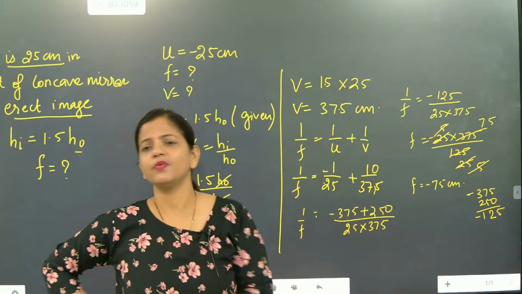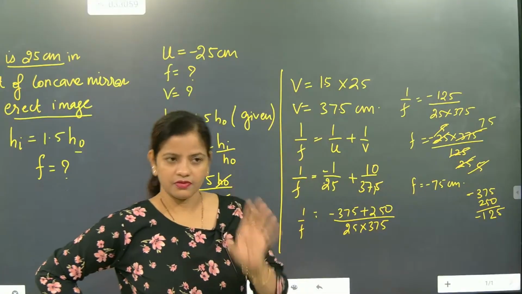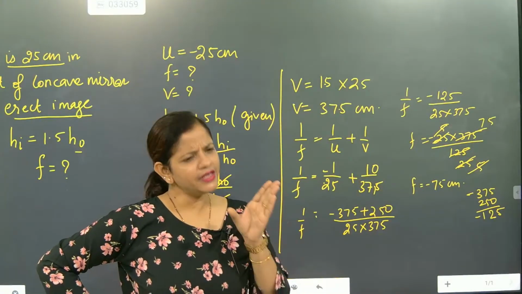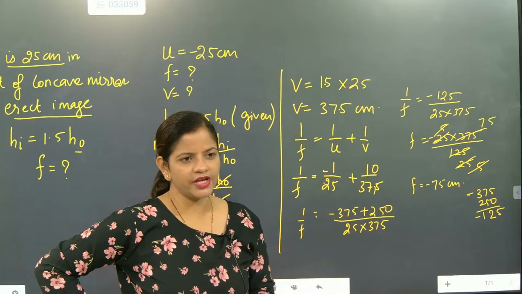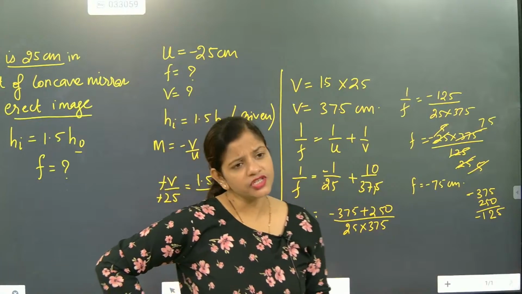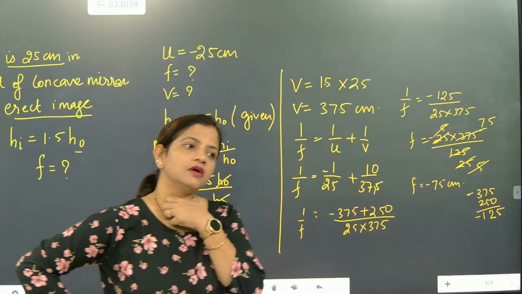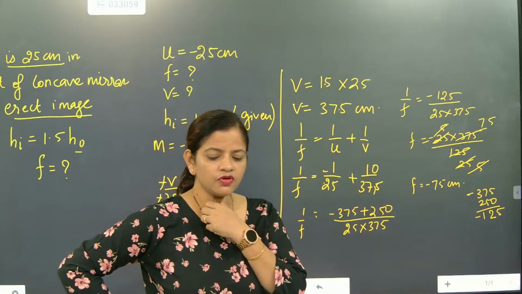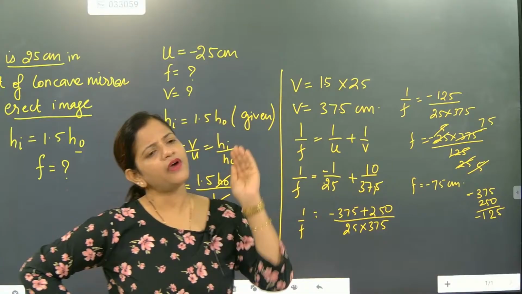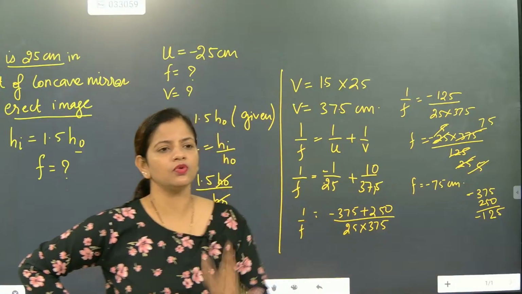Everyone, please answer one question here. If I keep changing the object location, will the focal length and the radius of curvature change?